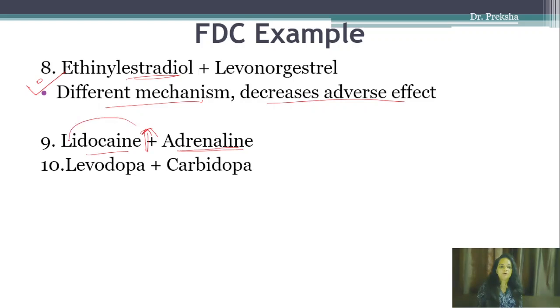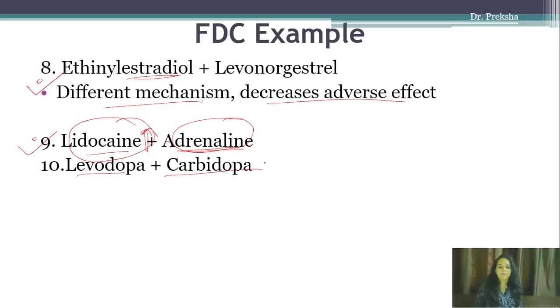It also decreases the systemic absorption of lignocaine, so the peripheral side effects of lignocaine will be minimized, and adrenaline will provide powerful vasoconstriction. That is the advantage of combining it with lignocaine and that makes it a rational FDC.